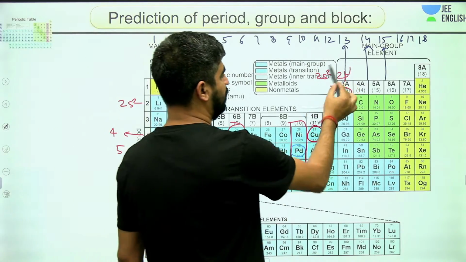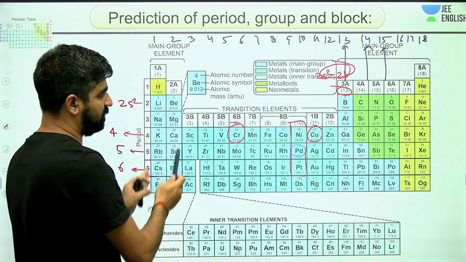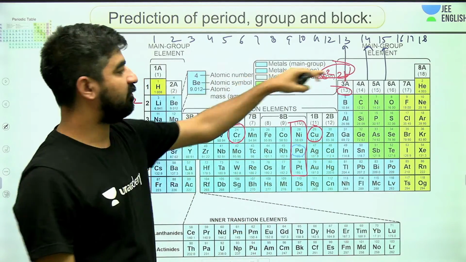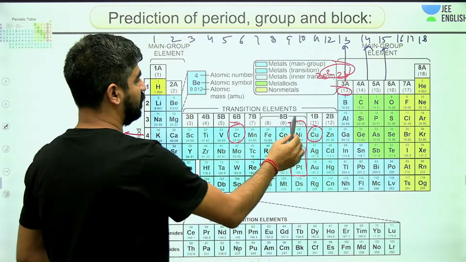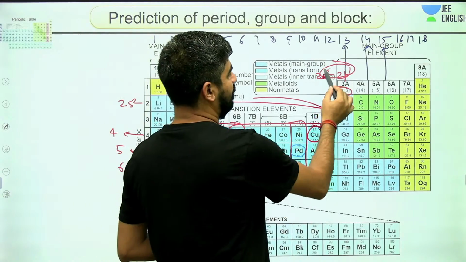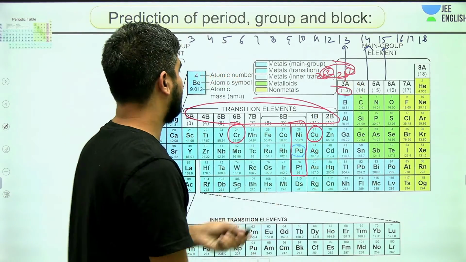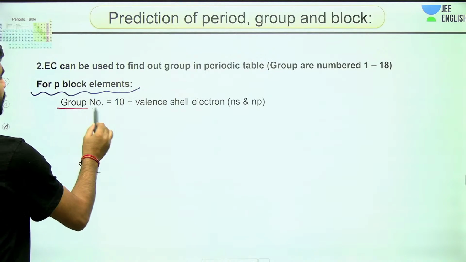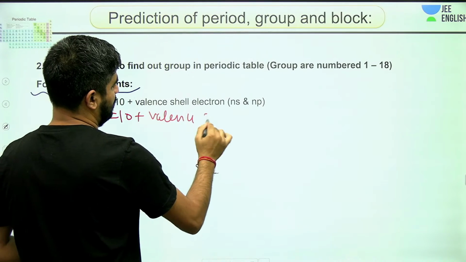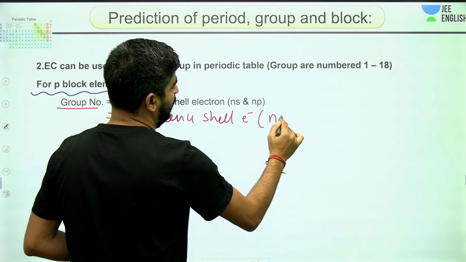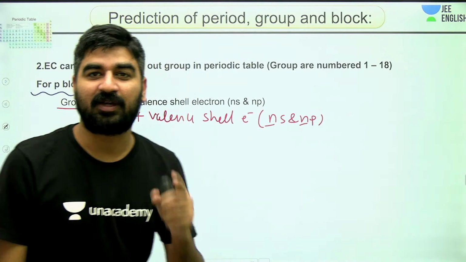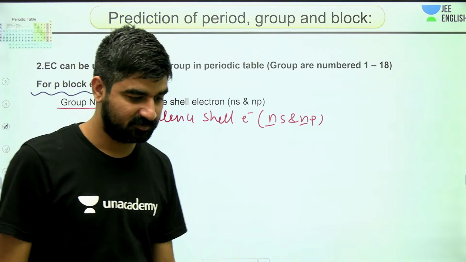So we have 3 electrons, but between the s block and the p block, we have 10 elements of the d block. So when we are numbering them, I have to add these 10. And then 10 plus 2 and 1, 13. So guys, in this case, group number will be equal to 10 plus valence shell electrons, meaning ns and np, because their n is maximum. I'm talking about valence shell electrons only. Got it?